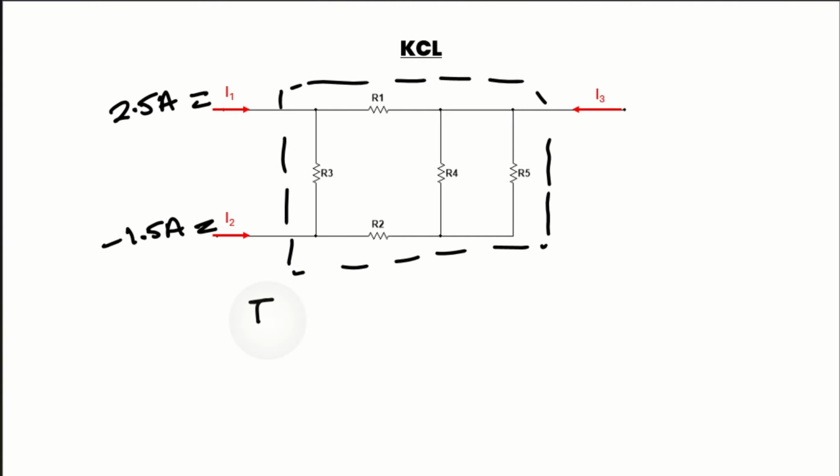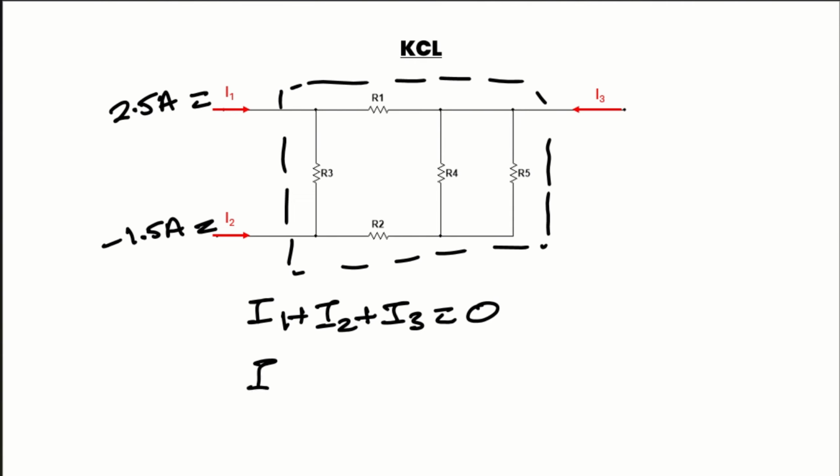According to that, we can write I1 plus I2 plus I3, which are the currents going towards the network, should be equal to the current going out from the network. Since we don't have any current going out from the network, we can write it as 0.